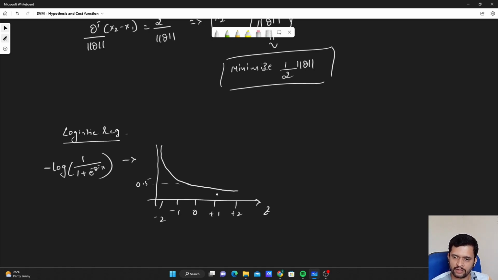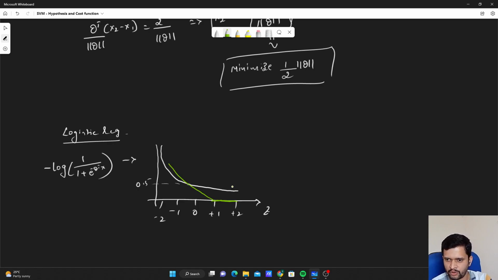Okay, so now with respect to support vector machine, instead of having a cost function like this, we will have a cost function something like this. It will be 0, parallel or almost aligned to the horizontal axis starting from plus 1, but instead of the curve, we will get a straight line like this.